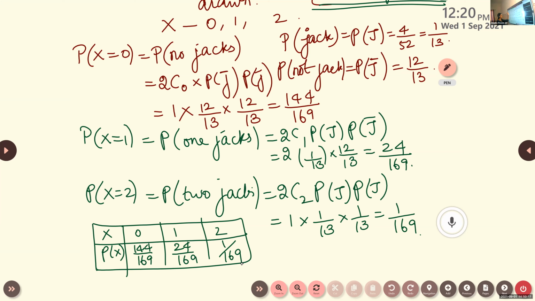So this is the model. We have to do it this way when we are selecting with replacement.